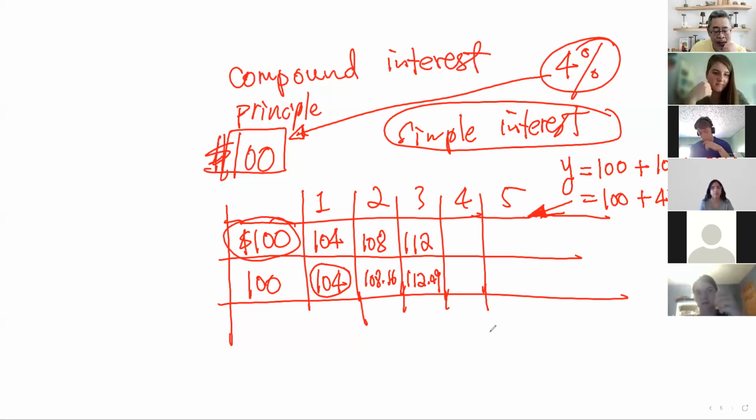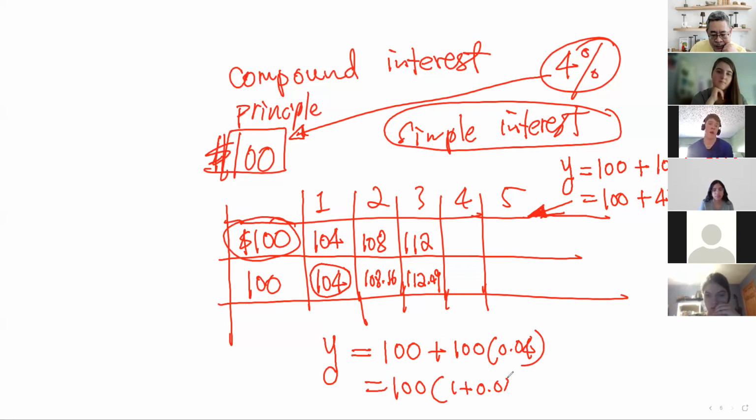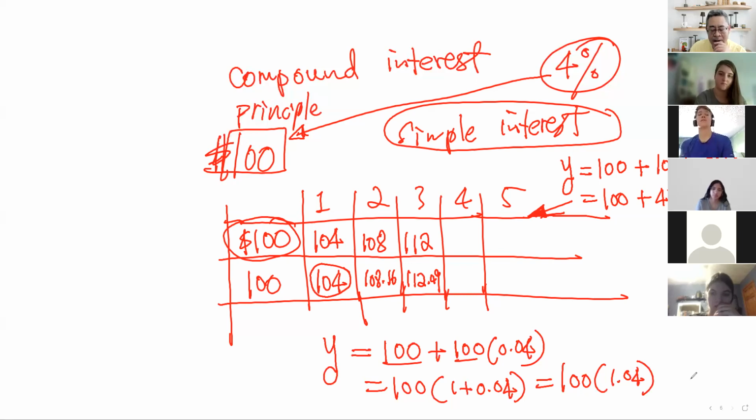Okay, so now we're looking at compound interest and how to work out the formula. For the first year, it's 100 times 0.04 added to the principal, so we can rewrite this as 100(1 + 0.04). Taking out the common factor, it's 100 times 1.04 for the first year.